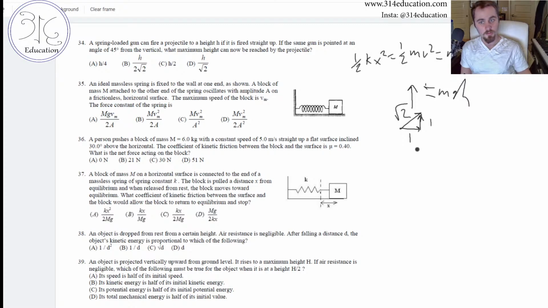If we brought this down to our standard, we would divide every term by square root of 2 to normalize it, making this go to 1. That's the same as our original velocity. Our upwards component is that component divided by the square root of 2, giving that height here.